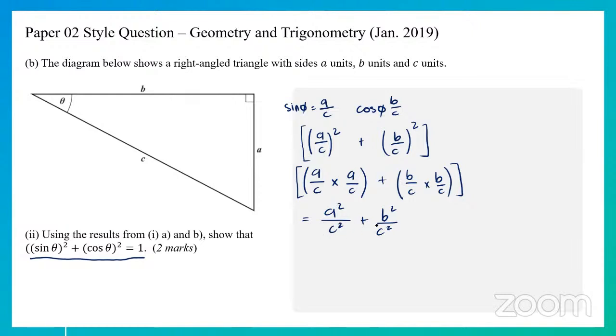Here we have a common denominator. Once again, we have C squared being our common denominator. So we can rewrite this as A squared plus B squared, all over C squared.